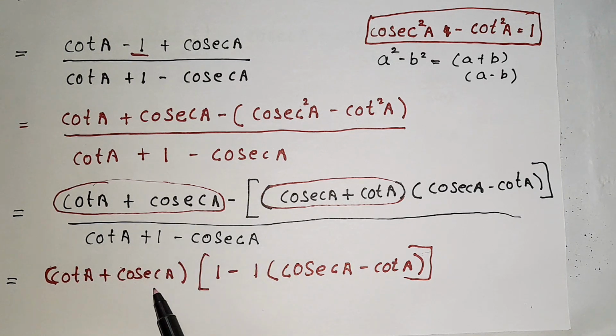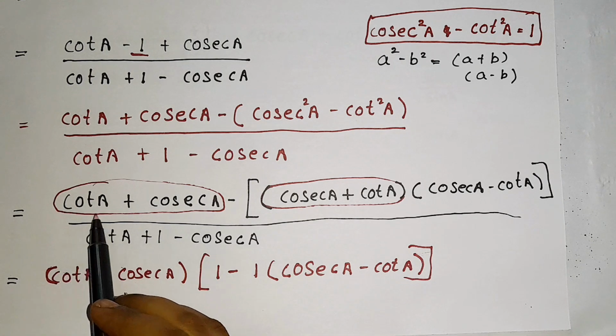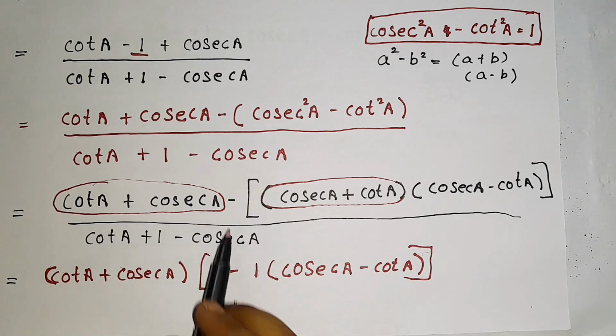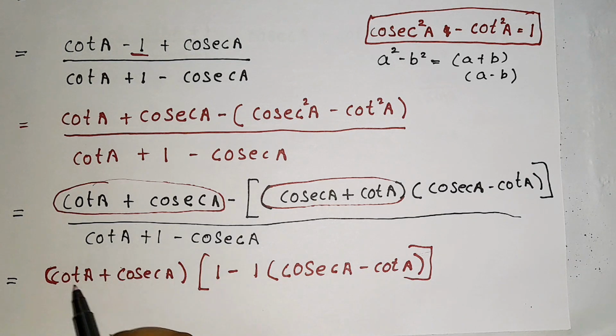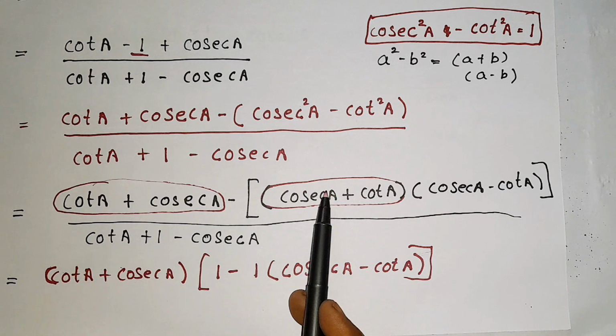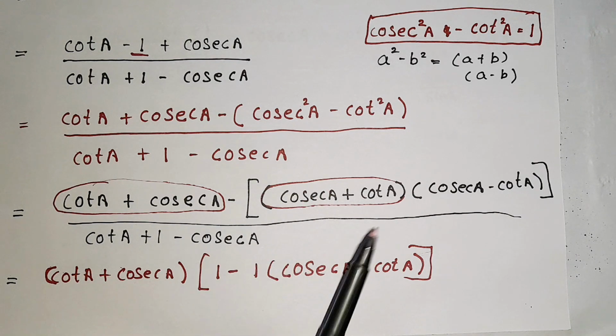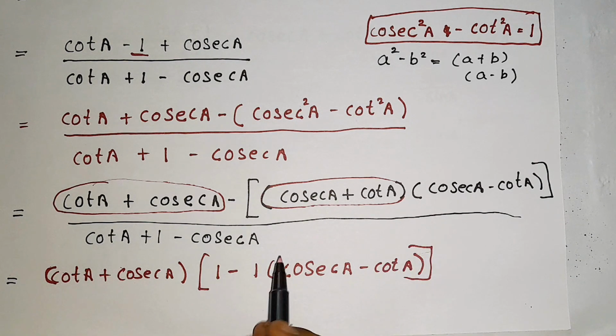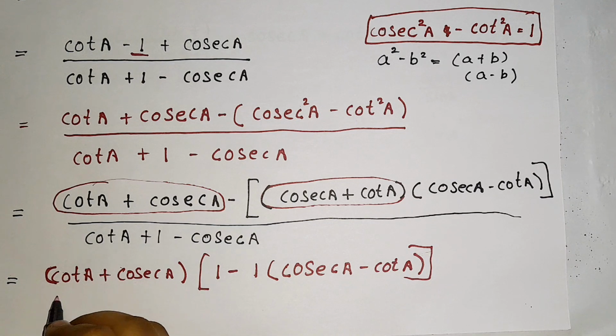I wrote 1 into cot A plus cosecant A is cot A plus cosecant A, and I wrote the minus as it is, and 1 into cot A plus cosecant A is cosecant A plus cot A. We got the above values. That is what we want, isn't it? And then I just wrote the values as it is. If you want, you can write 1, otherwise no need, because if nothing is there, anyway it is 1 only.